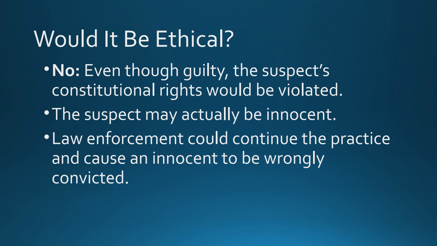Yes, the evidence might be majorly pointing towards them, but it could be wrong. And also law enforcement, if they do that in one case where we're positive this person's guilty, they could end up continuing to do it and do it in cases where the suspect's actually innocent. So you're going to end up harming the few with this practice.